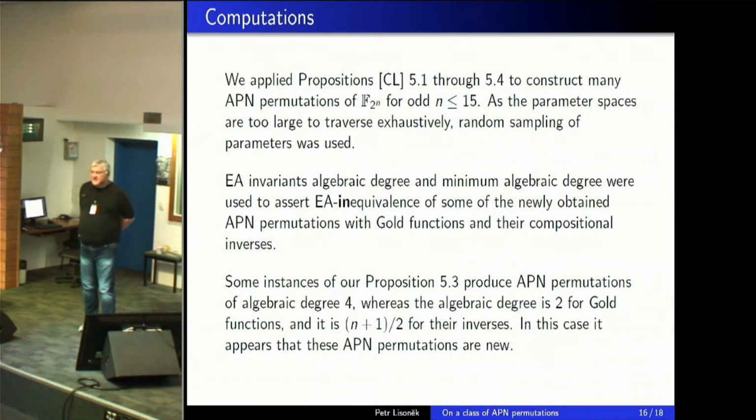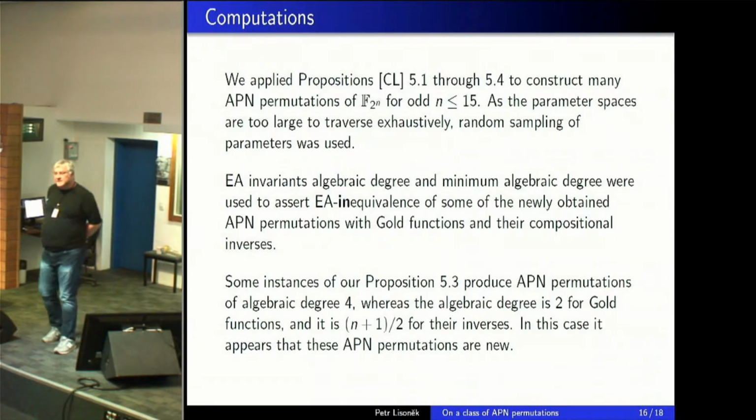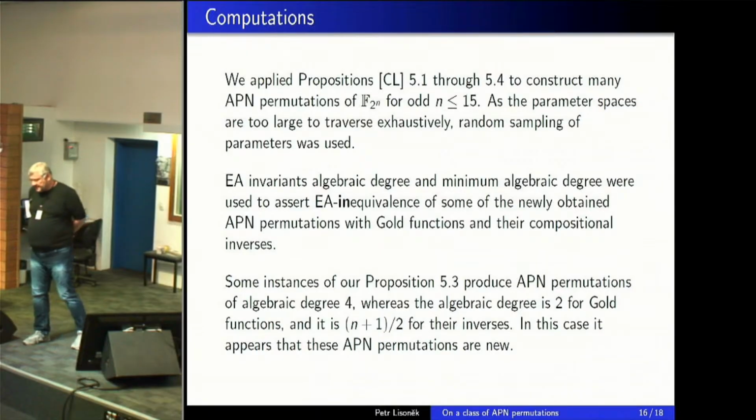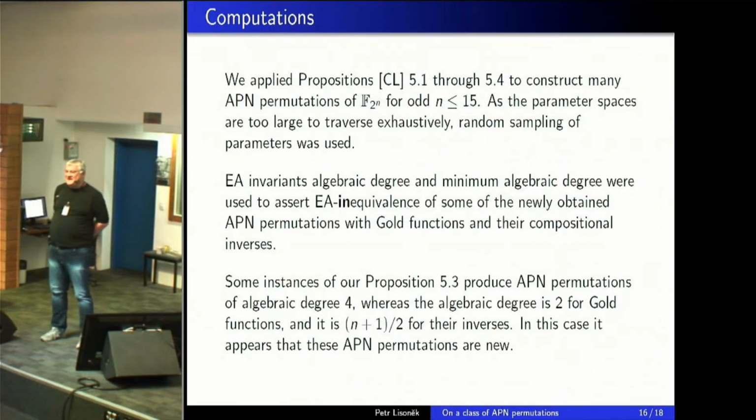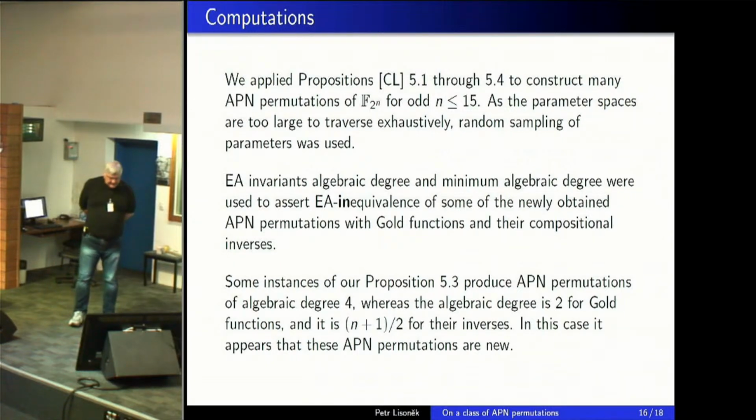The EA invariants that I used to check whether the functions are possibly EA inequivalent are the algebraic degree and the minimum algebraic degree. The minimum algebraic degree is, as you would think, the minimum algebraic degree of any component function of the vectorial function.